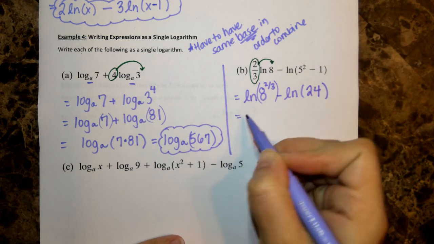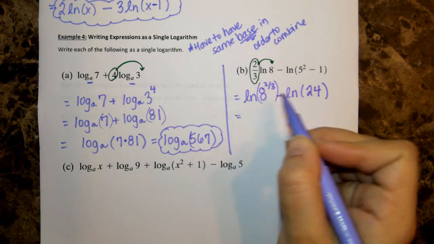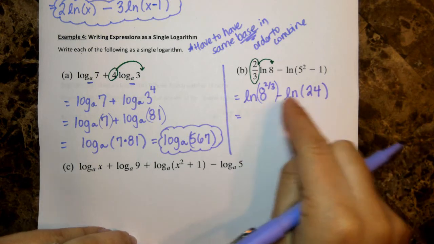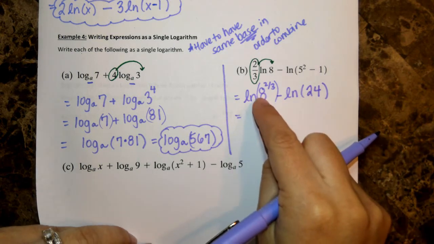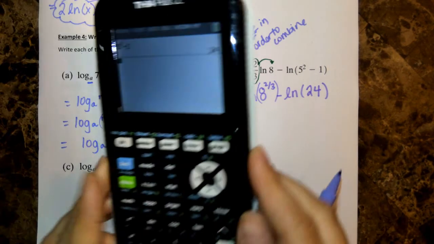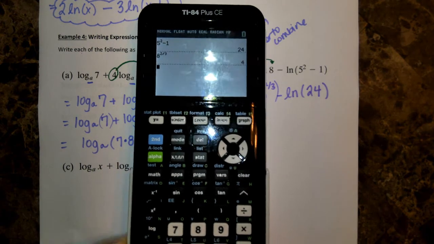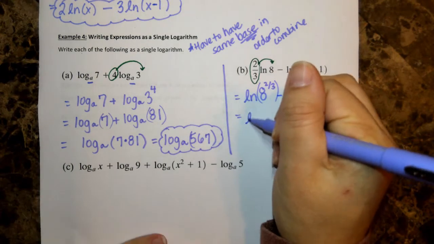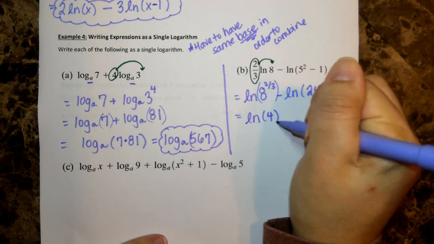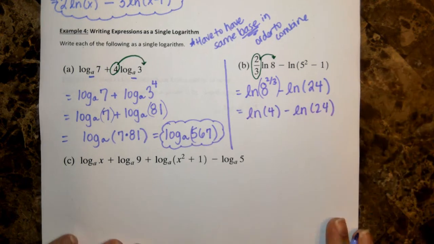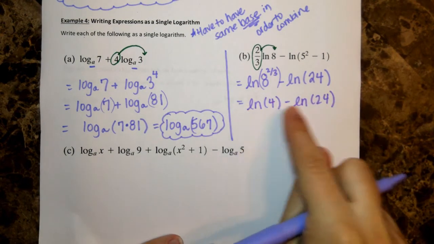Alright, now the next thing, I've taken care of the coefficients. They have the same base. They're both just natural logs. The next thing that I can do is figure out what is 8 to the 2/3 power. 8 raised to the 2/3 power is 4. So I can just rewrite it as natural log of 4 minus natural log of 24. And I have two natural logarithms.